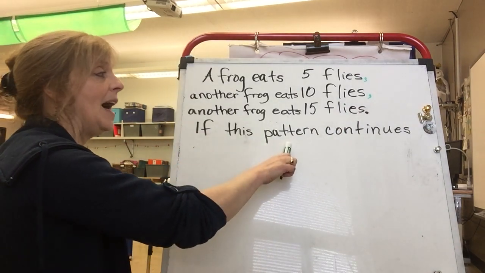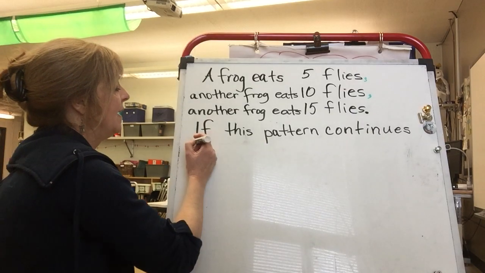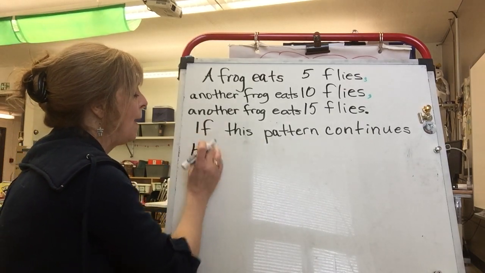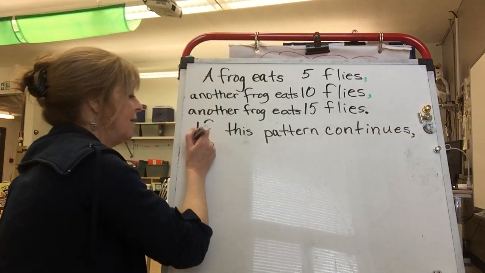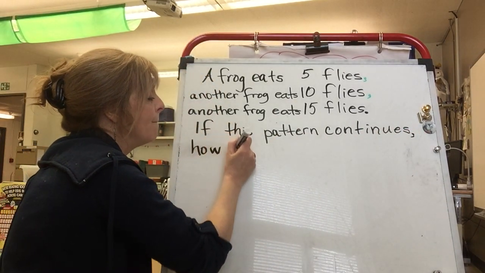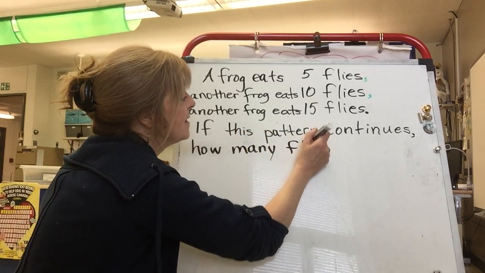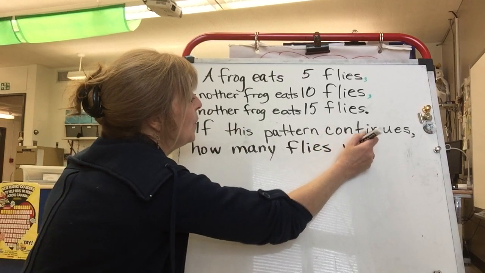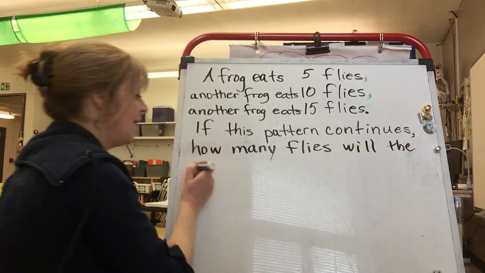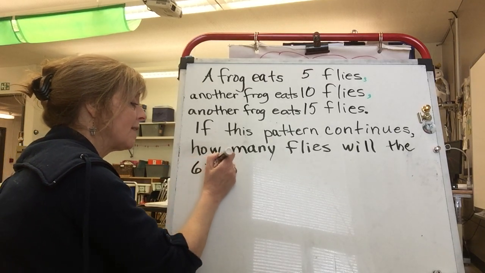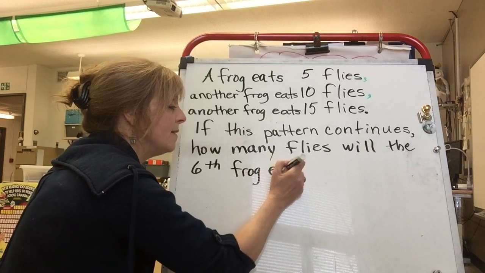If this pattern continues, comma, how many flies will the 6th frog eat?